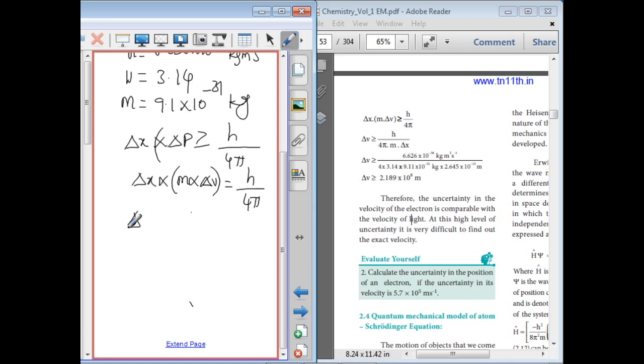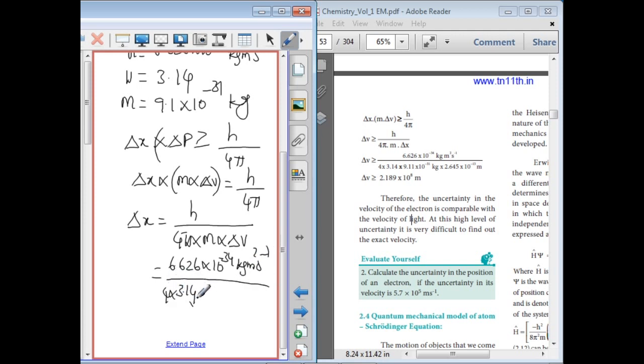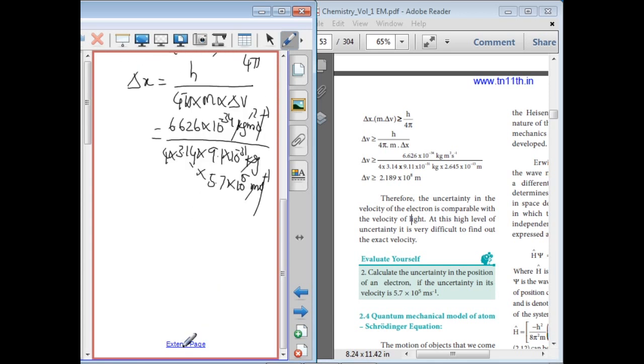So delta x equals h by 4 pi multiplied by mass and velocity, that is the change in velocity. 6.626 into 10 power minus 34 kilogram meter squared second inverse divided by 4 into 3.14 multiplied by the mass of the electron, 9.1 into 10 power minus 31 kilogram, and the velocity 5.7 into 10 power 5 meter second inverse. Meter square and kilogram cancel.